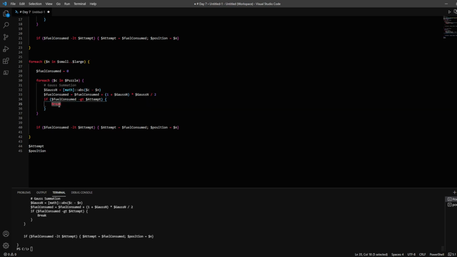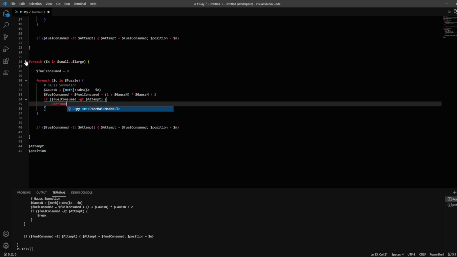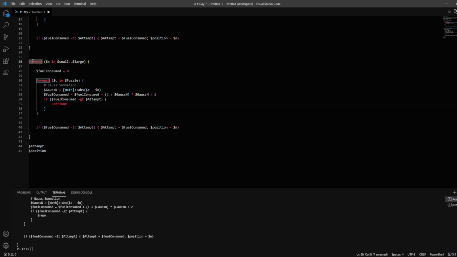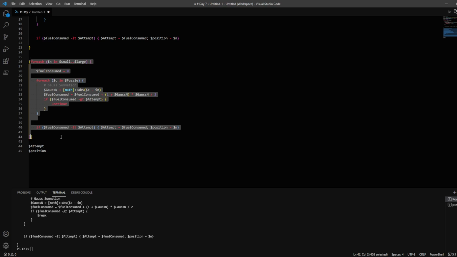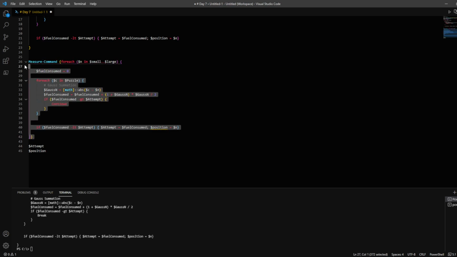I can check again by using measure command. So let's just select all this, put it in brackets, and then say measure command. Check what running it with continue looks like.